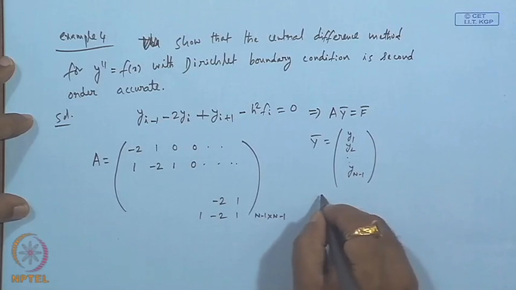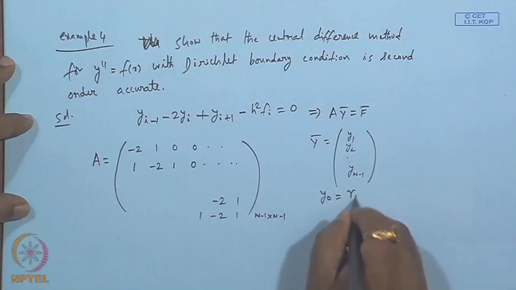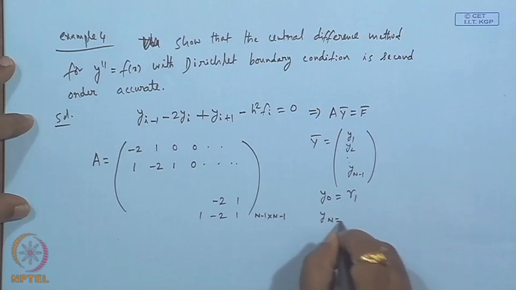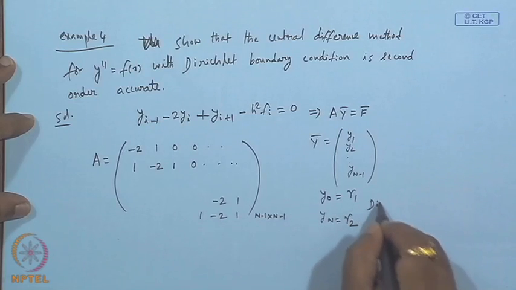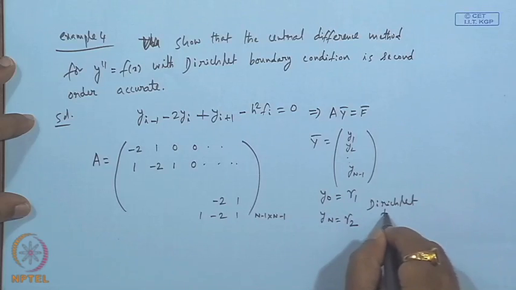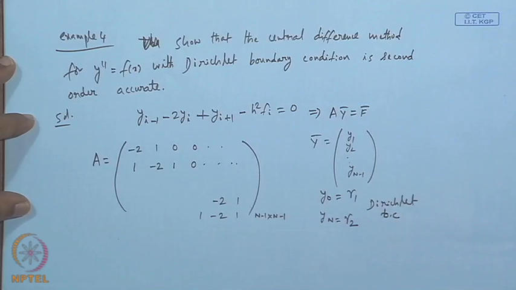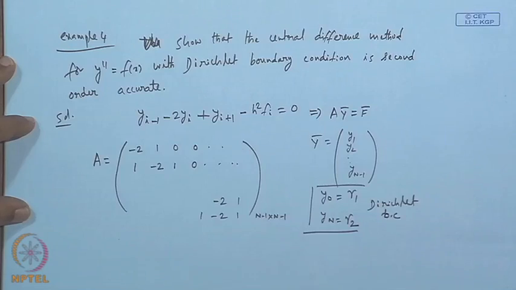Then we have y 0 is some gamma 1 and y n is gamma 2. These are the Dirichlet boundary conditions, because no derivatives are involved.